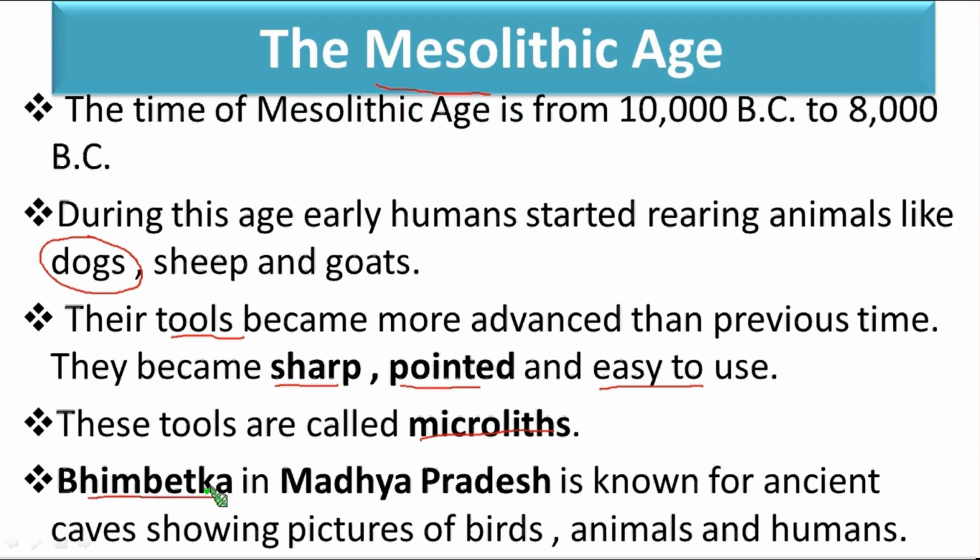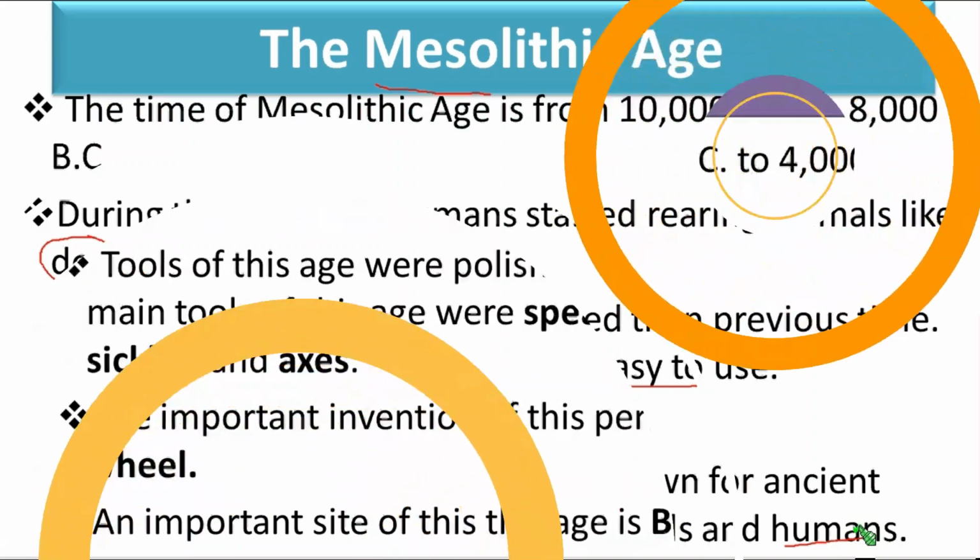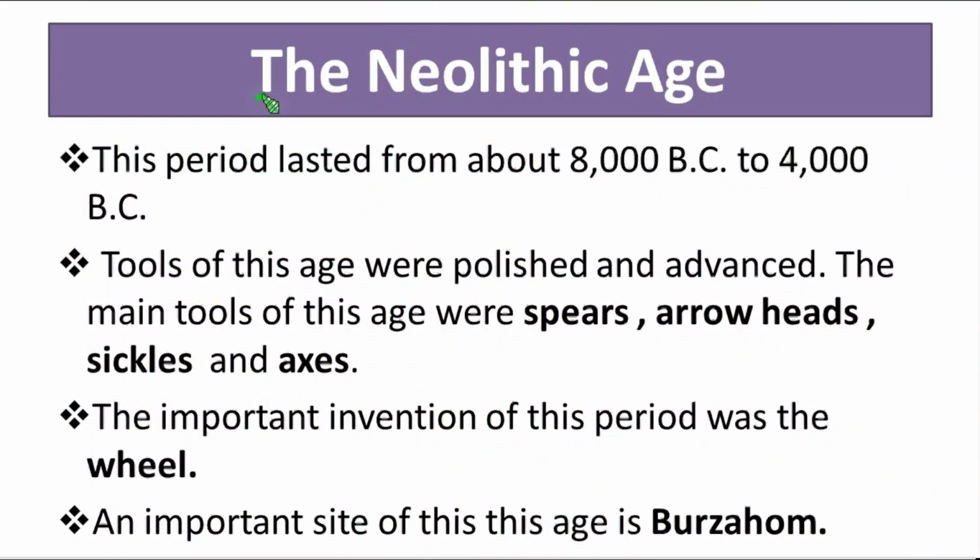Bhimbetka in Madhya Pradesh is an important site which shows us the pictures of birds, animals, and human beings of that time period.